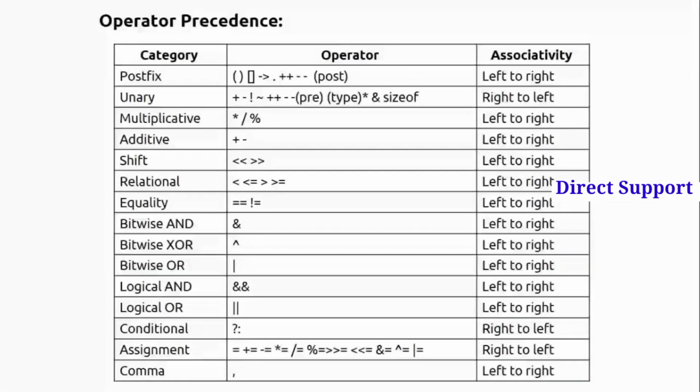So this is the operator precedence table where, if you take two operators, the one on top will be the first priority. If I take multiplication and plus, multiplication is on top, that's why it has higher priority compared to plus. If both are on the same line, let us suppose multiplication and division, then you have to take the associativity, left to right, so whichever comes first on the left.